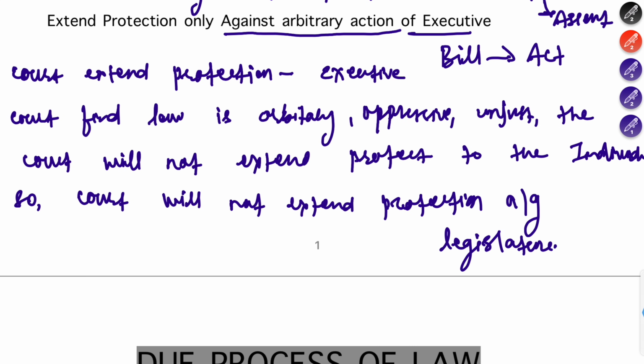So the doctrine of procedure established by law extends protection only against the arbitrary action of the executive.